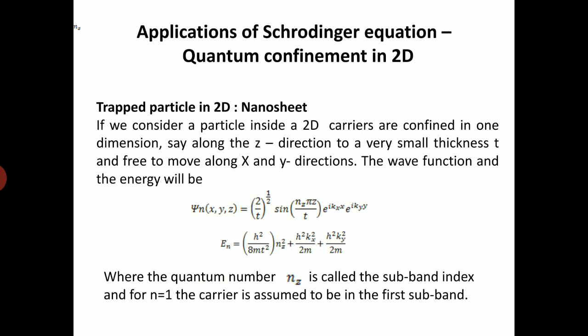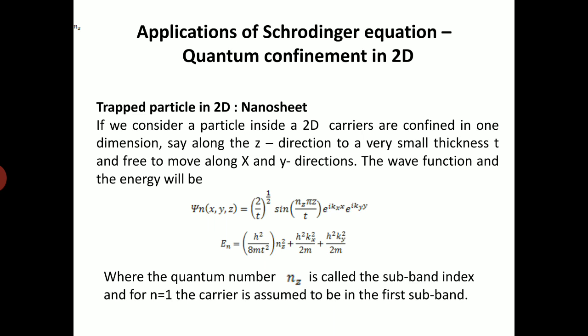If we look into the energy eigenvalues, they are obtained once again by solving the second order Schrödinger wave equation for a particle which is trapped in 2D.